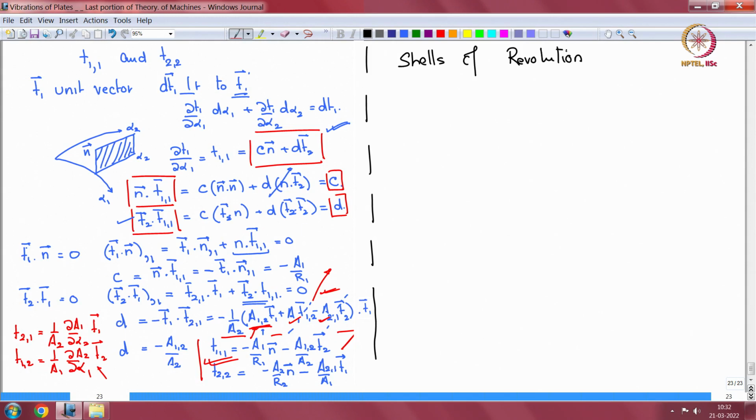And if you have a shell of revolution and the meridians and parallels are taken as the coordinate directions, then they are the principal lines of curvature.